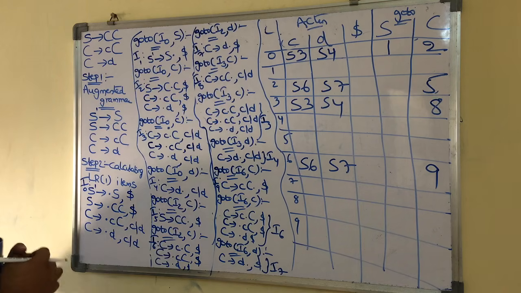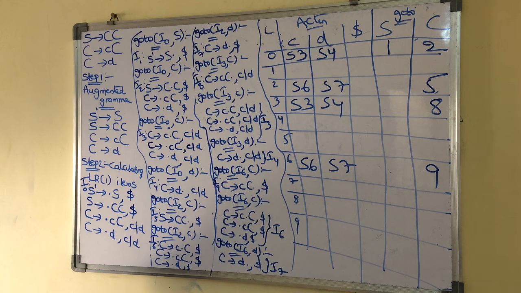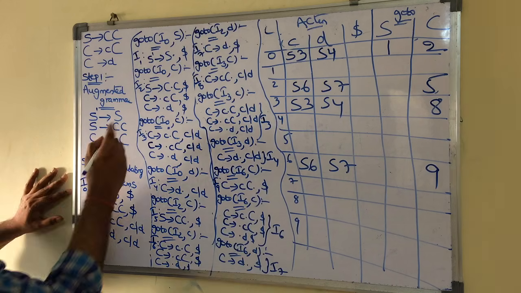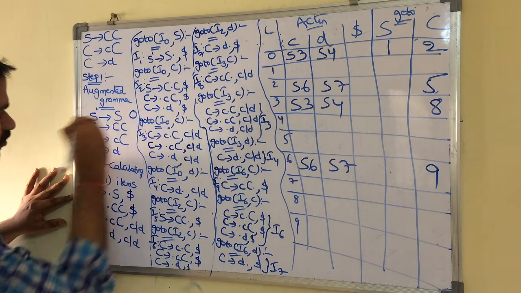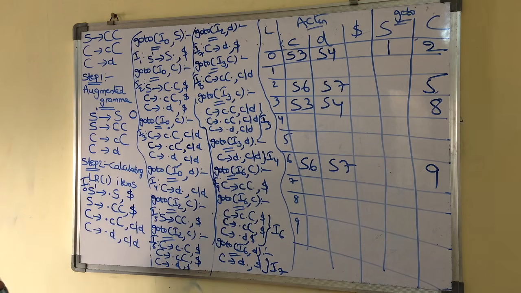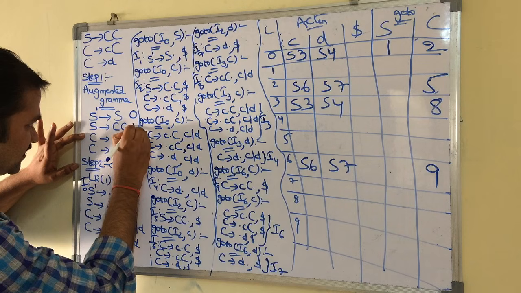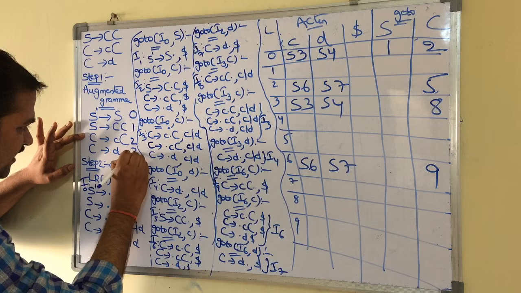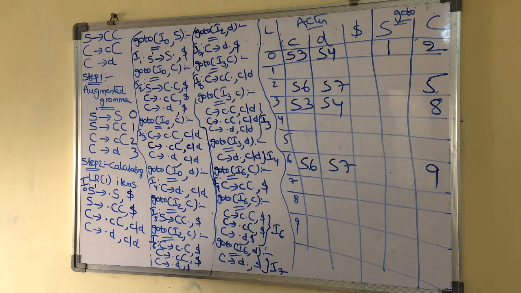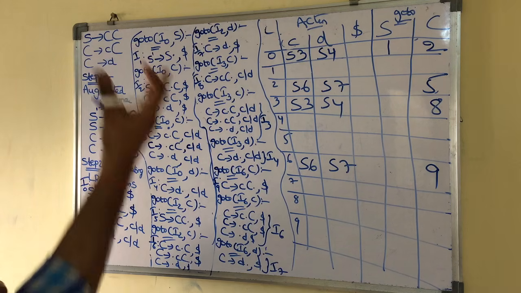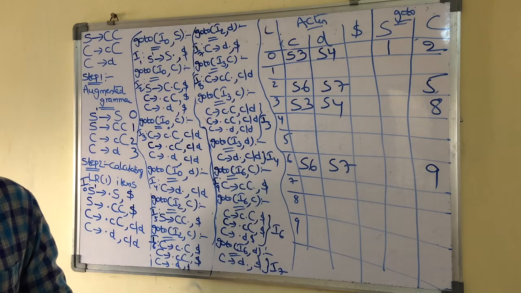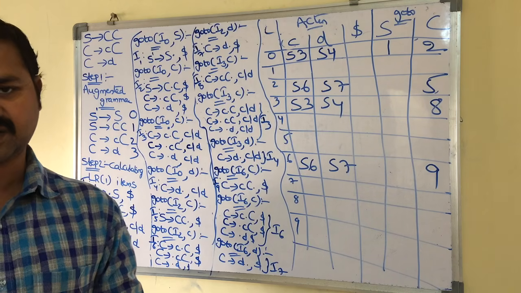Next we have to write the reduce operations. In order to write the reduce operations, first we have to give some names for the productions. This is production zero, because this is the extra production that we have added. The productions given in the grammar are numbered 1, 2, 3. In order to write the reduce productions, we have to check where the final items are.